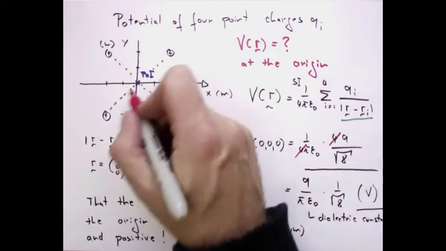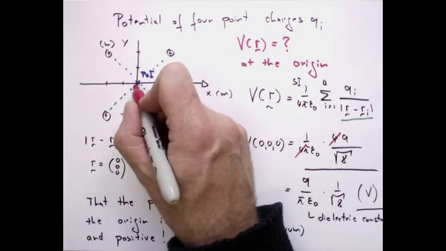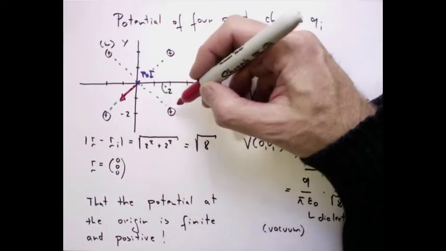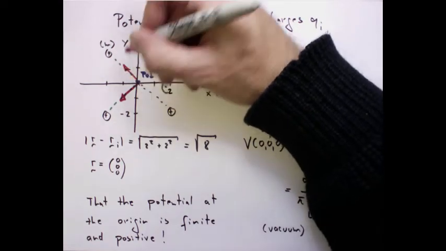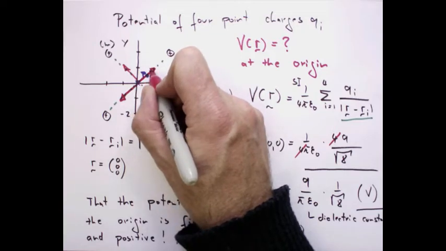Now this is interesting because if we now look at the field, we have four contributions to the field. We have a field vector due to this source charge Q1, which will point in this direction. We will have the contribution from this source charge Q2, which points in this direction. And we have one from Q3 pointing at the same magnitude into this direction.